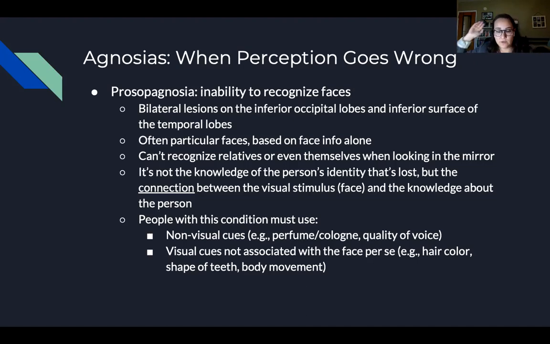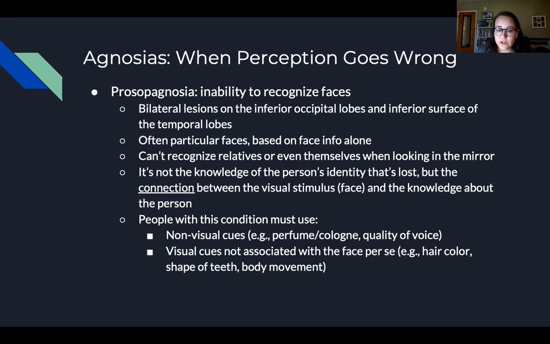And the damage is on both sides of the occipital, so the right and left occipital, which again is involved in vision. And then it extends forward into the temporal lobe as well. And so this has suggested to us, and we have actually found evidence for a particular cortical region that's involved for facial recognition.